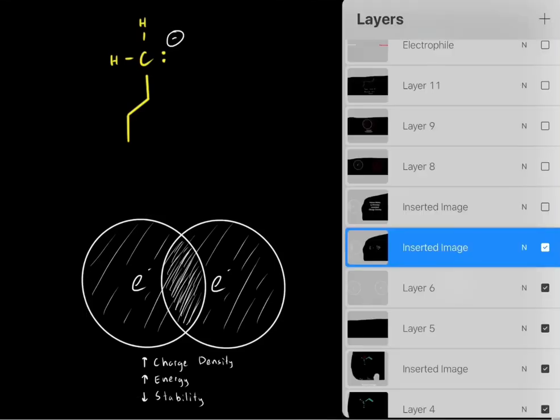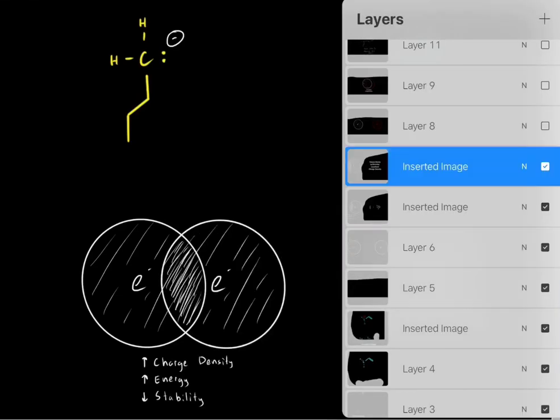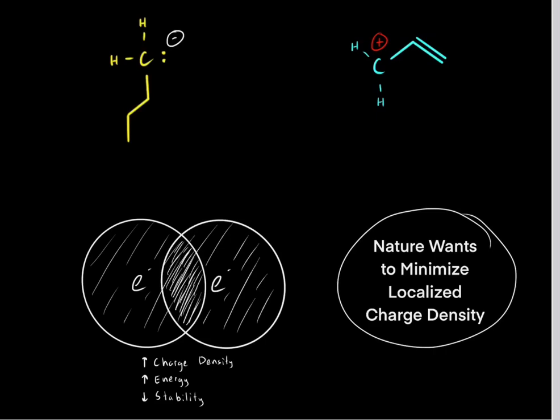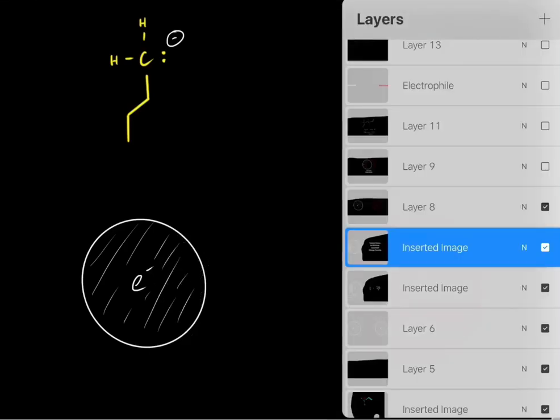And these 2 electrons are going to want to repel each other to minimize that charge density. So the rule of thumb is nature hates localized charge, and nature always wants to minimize localized charge. Nature doesn't like having high localized charge because that's high in energy and that's very unstable. So nature always wants to minimize localized charge density.